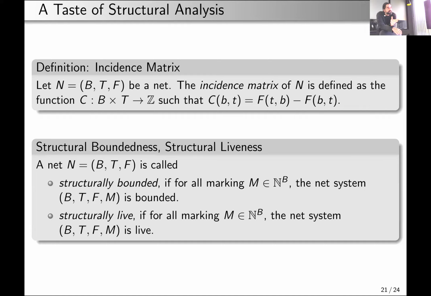And you're saying it's not. So that's the thing, right? Structural analysis tells you things about there exists a marking or for all markings. It's the information you can derive by looking at the structure of the net without the tokens, right? This is why it's called structural analysis. And it's there that you can effectively use linear algebra.